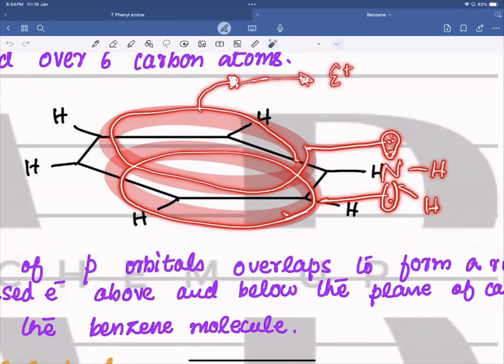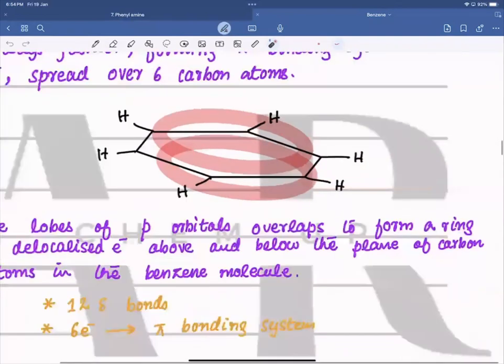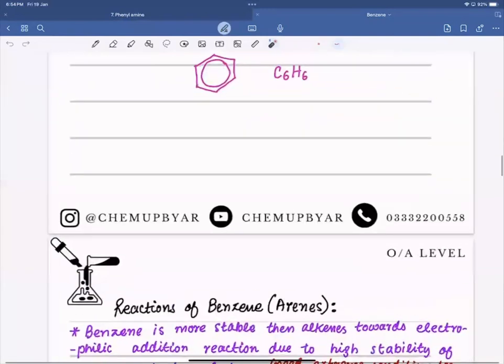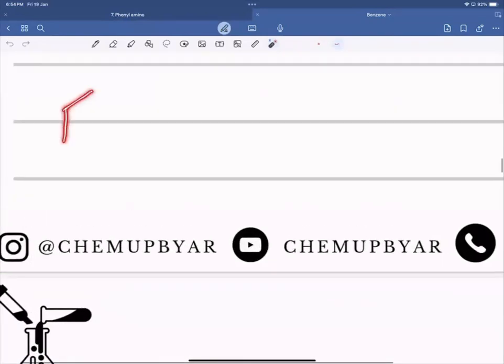Is this clear? Now, why does it occur at 2, 4 and 6? The reason behind this is, for example, have a look over here. There is an electron donating group. Let me represent it with D. And here there is a pair of electrons.